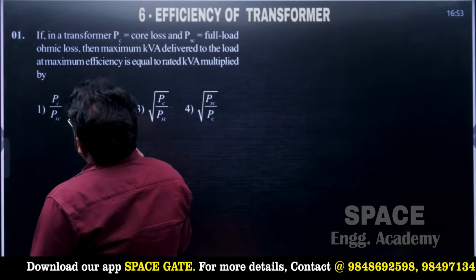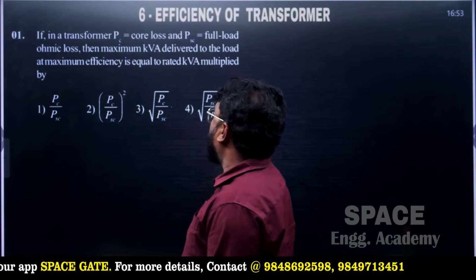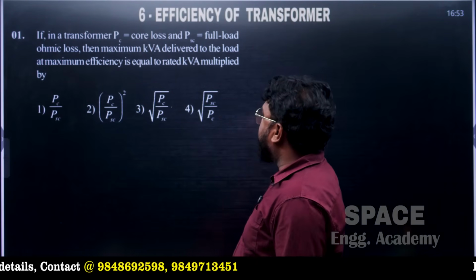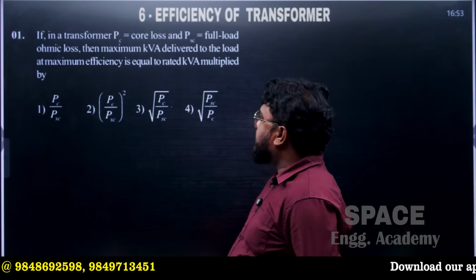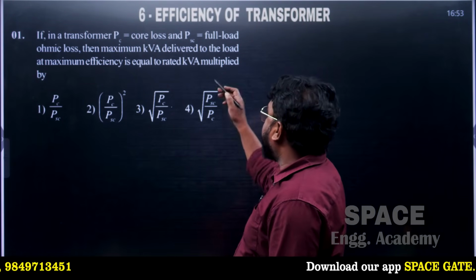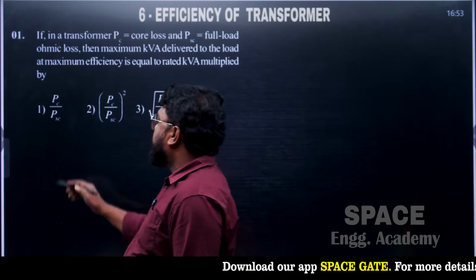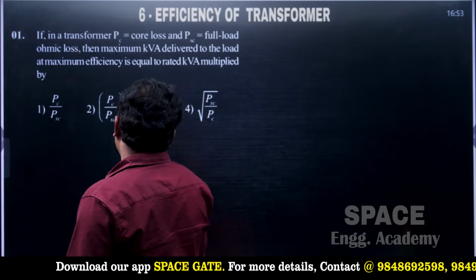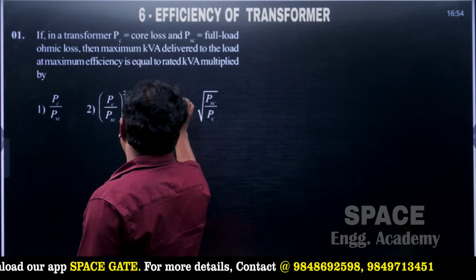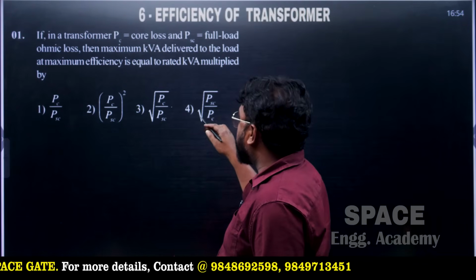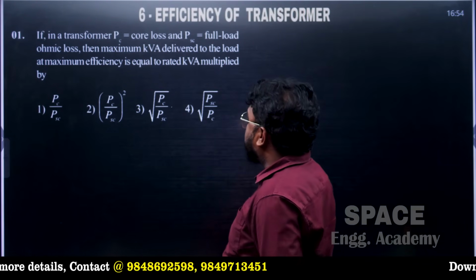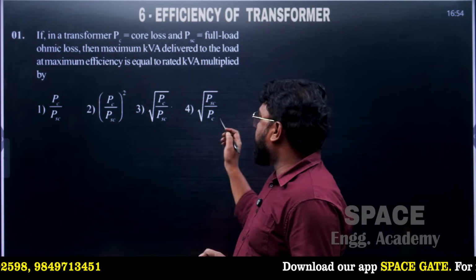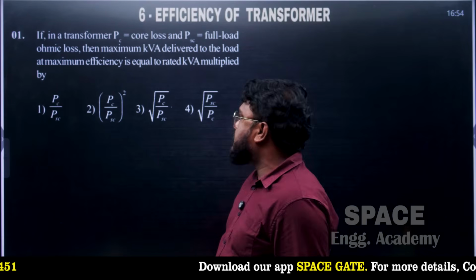If in a transformer PC is the core losses and PSC is the full load ohmic loss, then the maximum kVA delivered to the load at maximum efficiency is equal to the rated kVA multiplied by: option 1, PC by PSC; option 2, PC by PSC whole square; option 3, under root of PC by PSC; and option 4, under root of PSC by PC. Here PSC is the ohmic losses and PC is the core losses of the transformer.